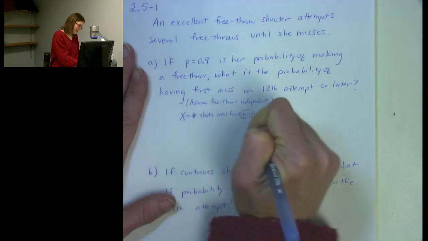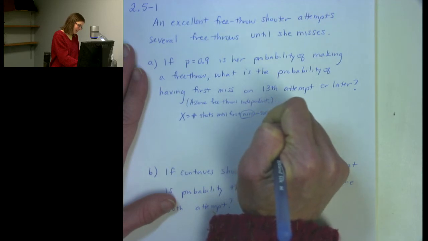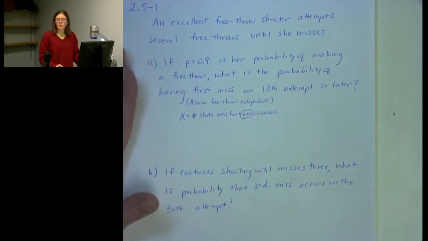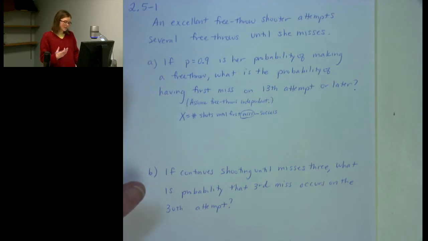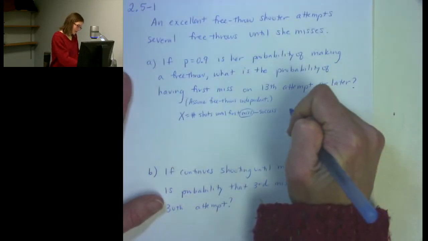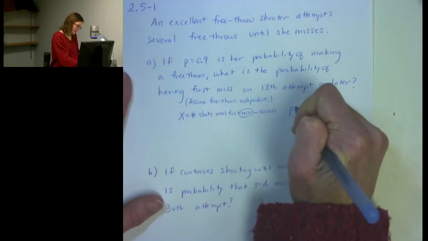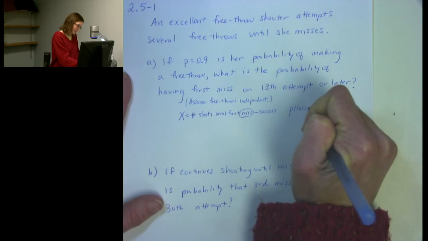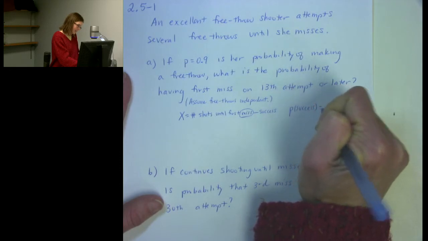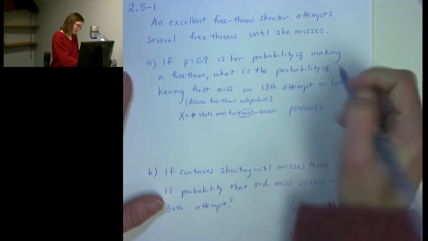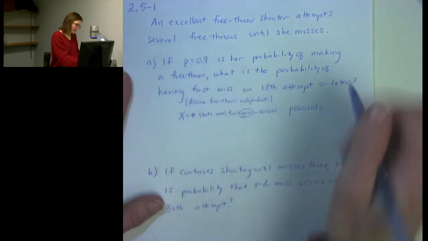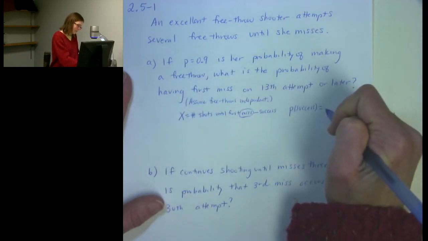Miss here is going to be success, because with the geometric distribution we're looking at the number of trials until the first success. We're told the probability that she makes a shot is 0.9, which means the probability of success, missing, is 0.1.